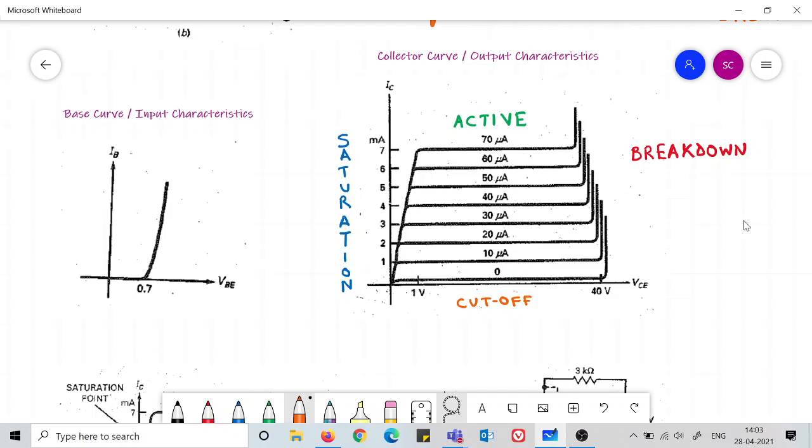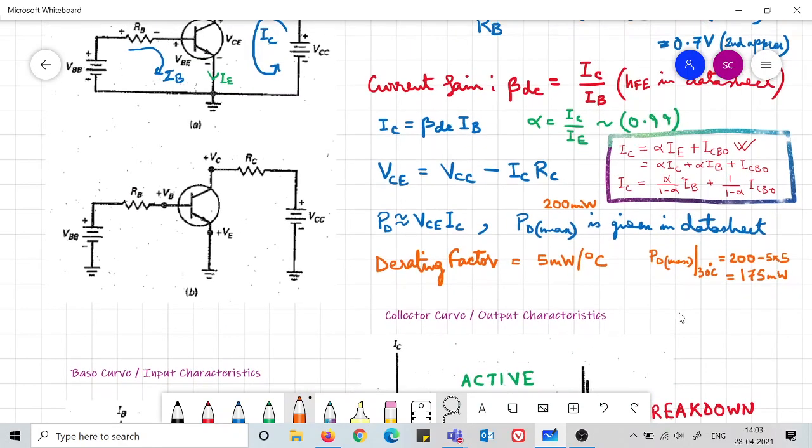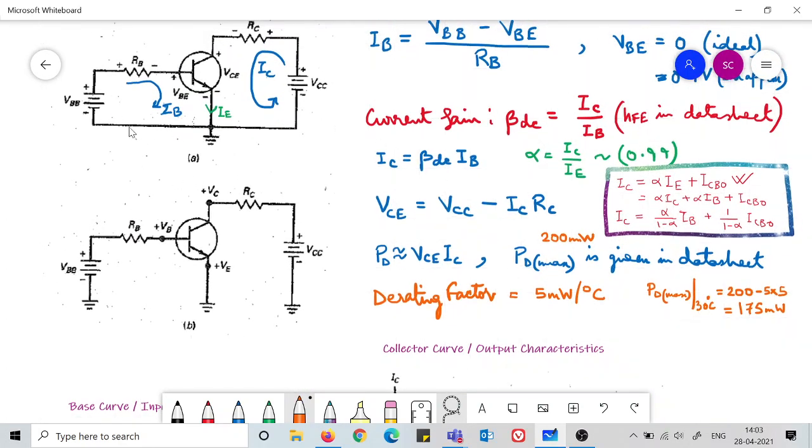Yesterday we talked about the common emitter configuration, and in the common emitter configuration we analyzed the circuit using our very well known KVL and KCL equations. These are very fundamental laws. Every electronic or electrical circuit will always obey KVL and KCL.